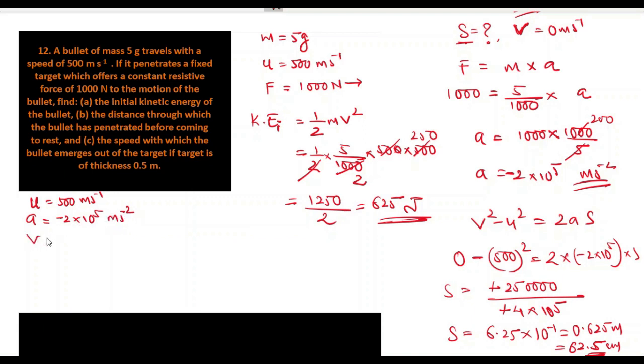And the final velocity we have to find, and the distance we know, that is 0.5 meter. So again we'll use this formula, v square minus u square is equal to 2as. We don't know v. Minus 500 square is equal to 2 into minus 2 into 10 raised to 5 into s, that is 0.5.